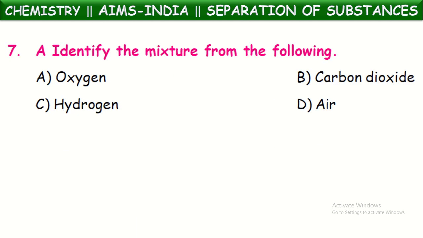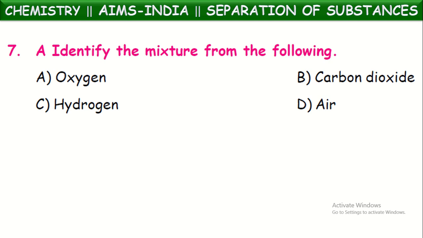So the next question: identify the mixture from the following. See, here four substances are given. Identify the mixture among these. See, oxygen is a pure gas. It is one of the elemental gases. And carbon dioxide is also a gas which contains only one kind of molecules, CO2 molecules. What about hydrogen?